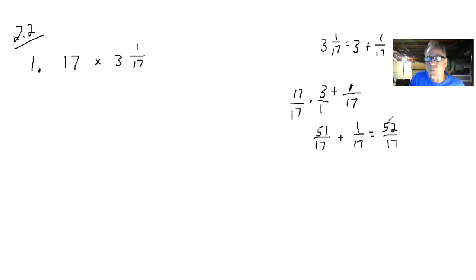It just means the numerator is bigger than the denominator. When the numerator, the top, is smaller than the bottom, it's called proper. But typically, as you move into an algebra course, we don't worry about mixed fractions. We just leave them in improper form.